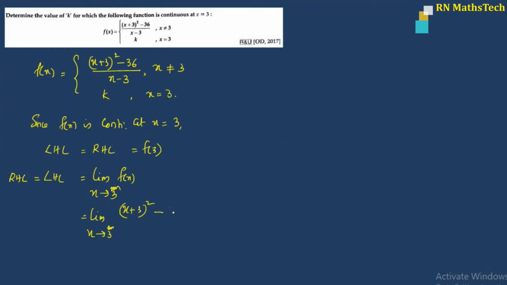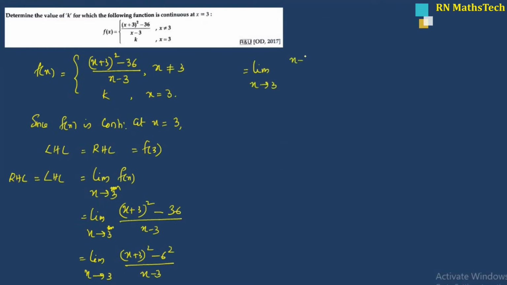Limit x tends to 3, x plus 3 the whole square minus 36 divided by x minus 3, that's equal to limit x tends to 3, x plus 3 the whole square minus 6 square by x minus 3, equal to limit x tends to 3, x plus 3 plus 6 into x plus 3 minus 6 by x minus 3.